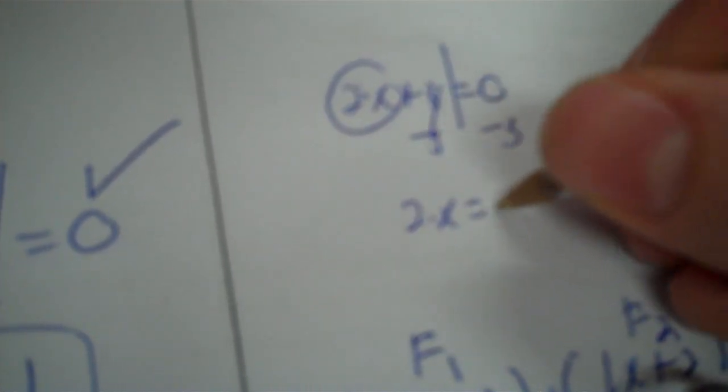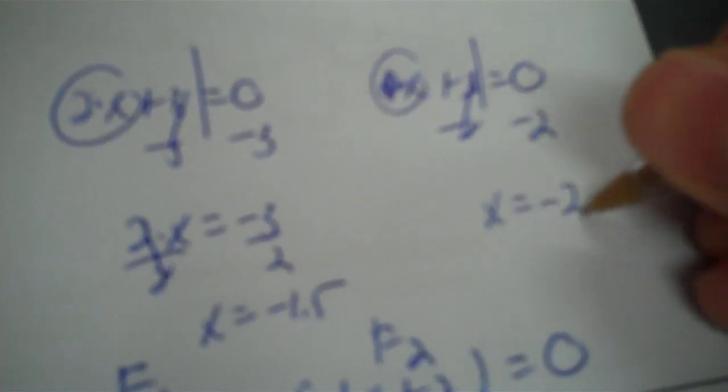So 2x plus 3 could equal 0, 1x plus 2 could equal 0. So subtract 3. 0 minus 3 is negative 3. Divide by 2, and that's negative 1.5. Okay. Now you don't need the multiplier of 1, you just subtract 2, and that's negative 2.